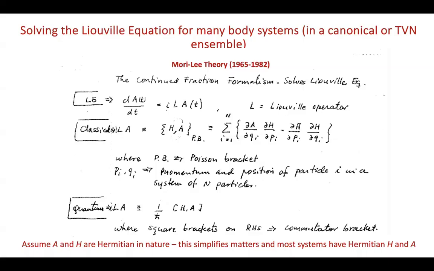Mori's formalism is in general set up for non-Hermitian A's, which is one reason why Mori's formalism looks so very daunting at times, because it just takes what is simple and makes it a layer more complicated. We would avoid doing that. And that simplification and some of these things were done by Lee later on. Lee made it more sort of friendly for applications.